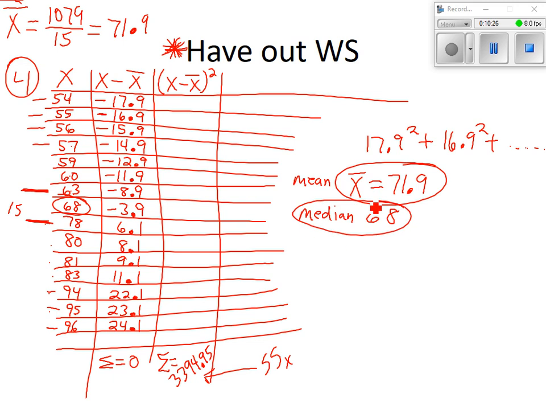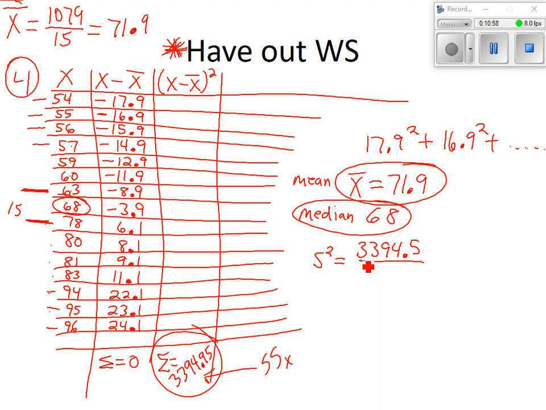Now to find the variance and the standard deviation, we use this number that you calculated. Remember, variance is s squared. We take our number, 3,394.95, and we divide it by, be careful with this, each of these, they said on the sheet, was a sample.